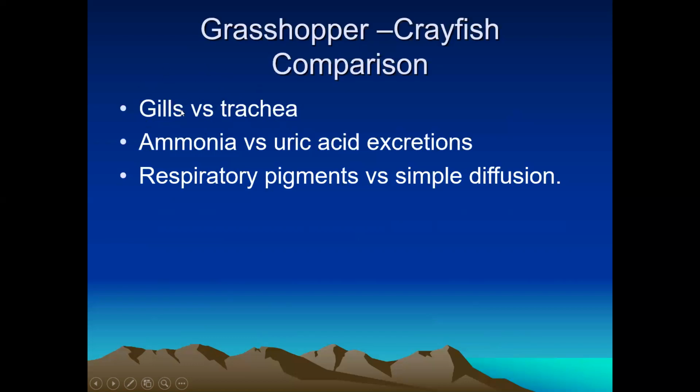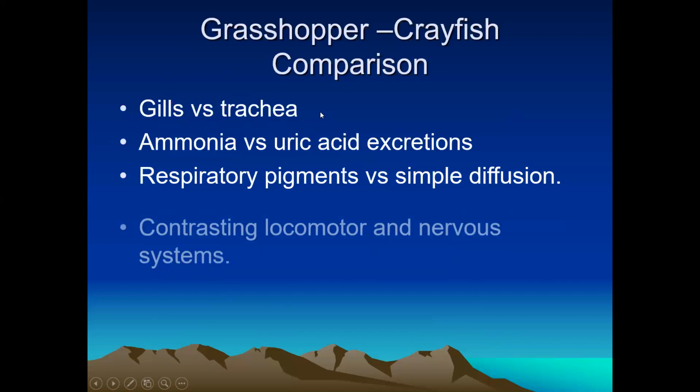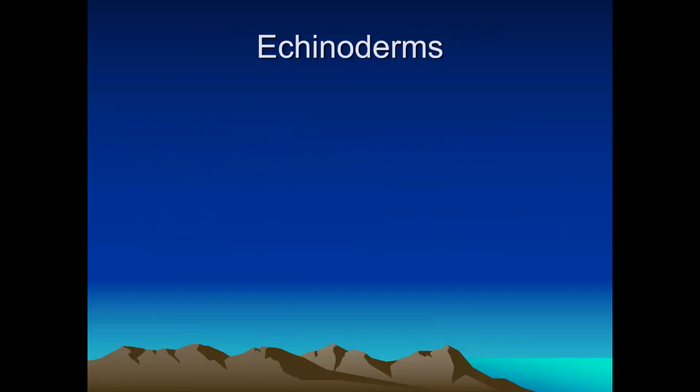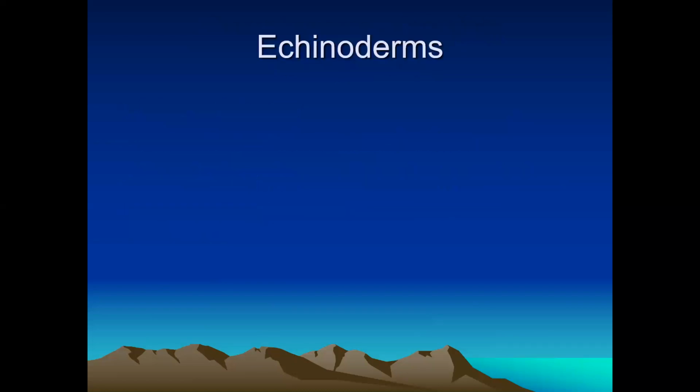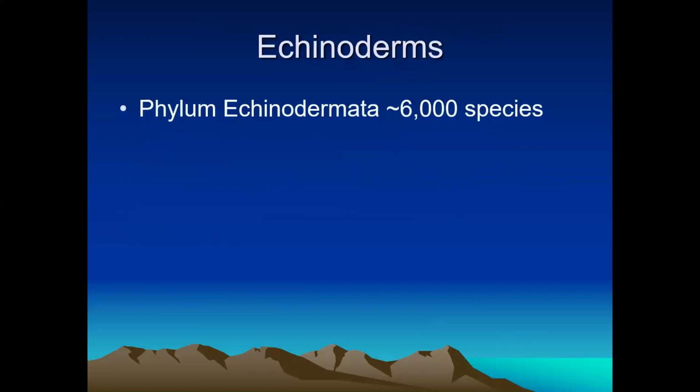We see this is adapted for extraction of oxygen out of water, and this is adapted for extraction of one gas out of a mix of gases. Yeah, there are also different locomotor systems and nervous systems, but I'm not going to spend any more time on that.